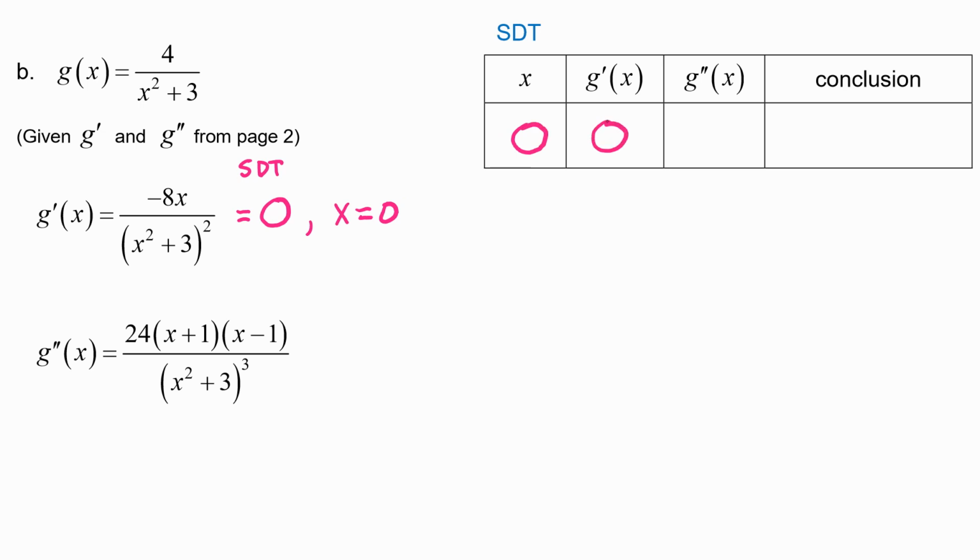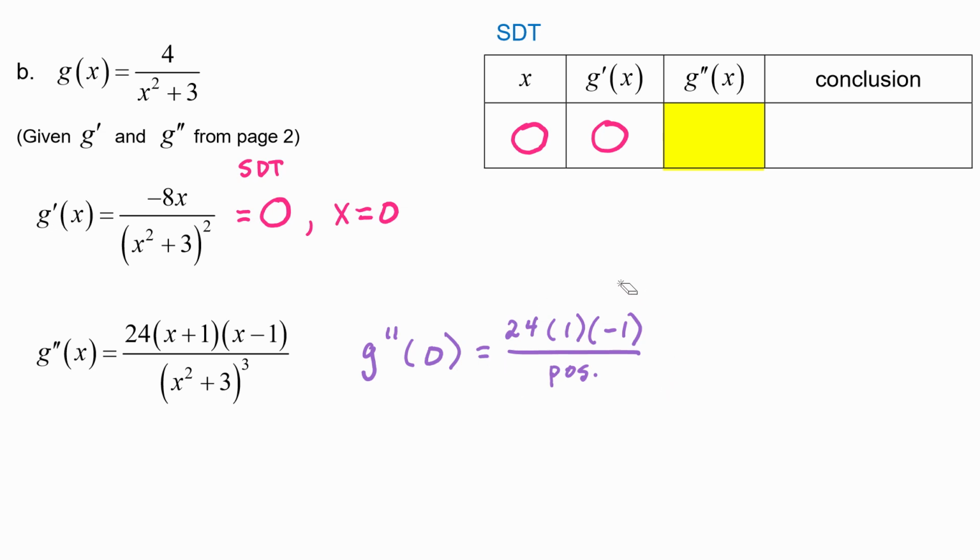We know the derivative is 0, and now we need to determine if g double prime of 0 is positive or negative, and then we can make our conclusion. So here we would have 24 times 1 times negative 1 over a positive number, because this denominator will also be positive.